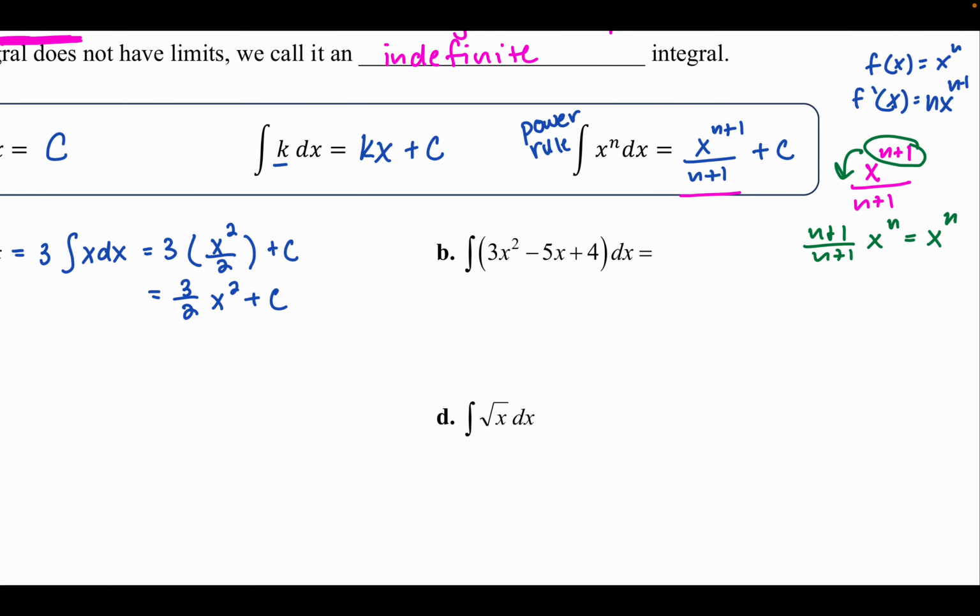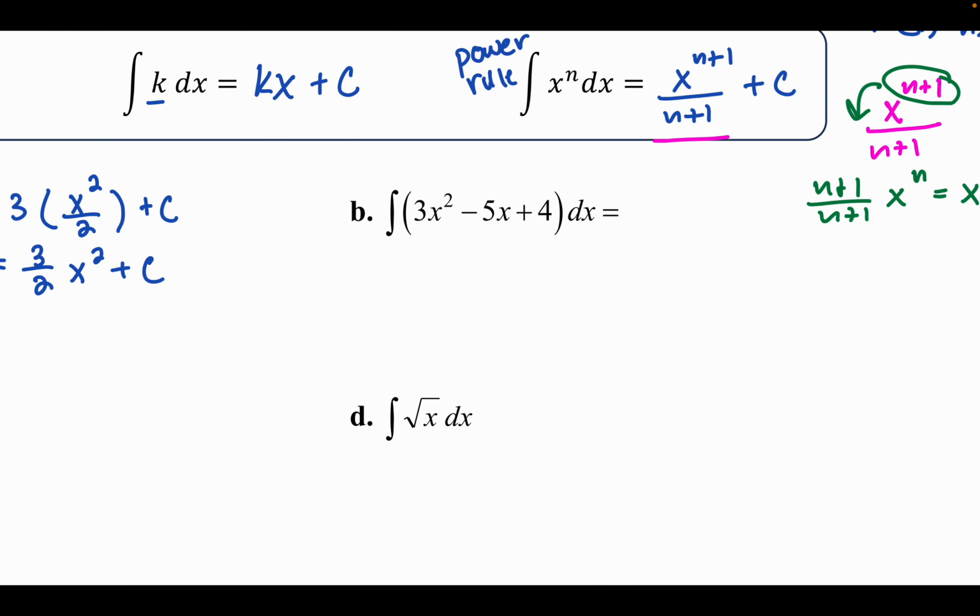Okay, for b, when we have multiple terms, we can just take the antiderivative of each term. So here, this is just going to be 3x. I'm going to add 1 to my exponent and then also divide by that same number. Then for the next term, this will be 5x squared, add 1 to the exponent, divide by that. I'll have 4x.